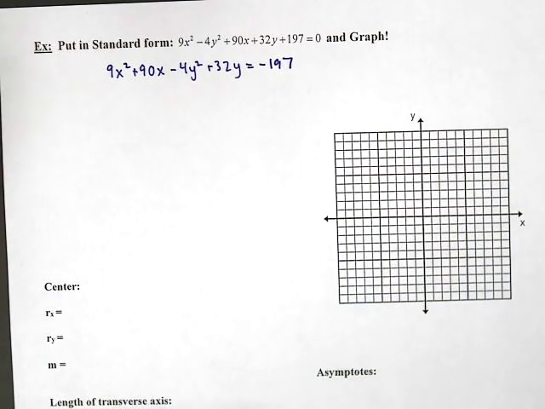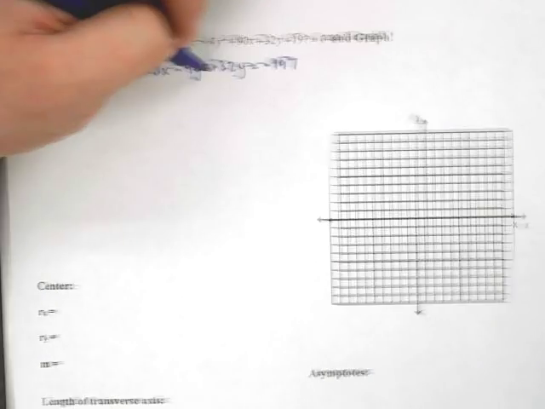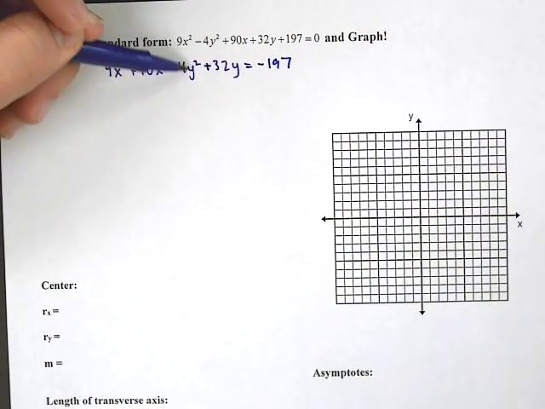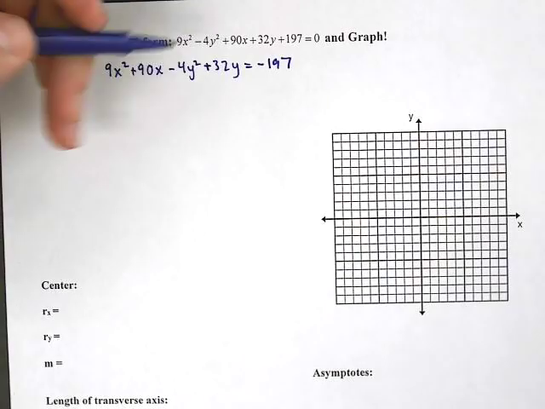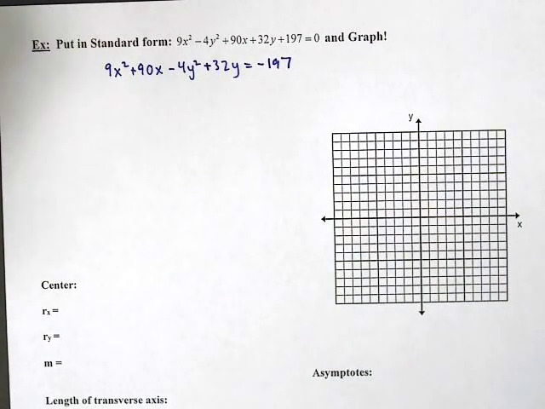So this should look familiar, and it's going to work very similarly to what we've been doing. Major difference, I have a negative 4, so this is a hint that we're going to have a hyperbola rather than an ellipse.